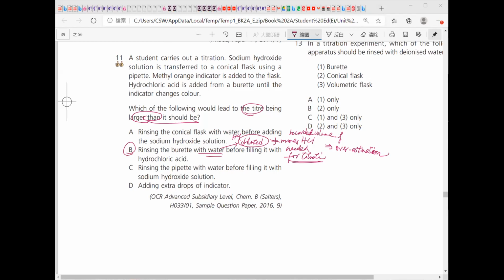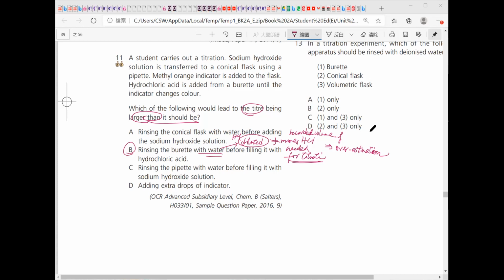Take a look at your choice A. What is the effect of A on the volume of titer? Larger, smaller, or what? Smaller.